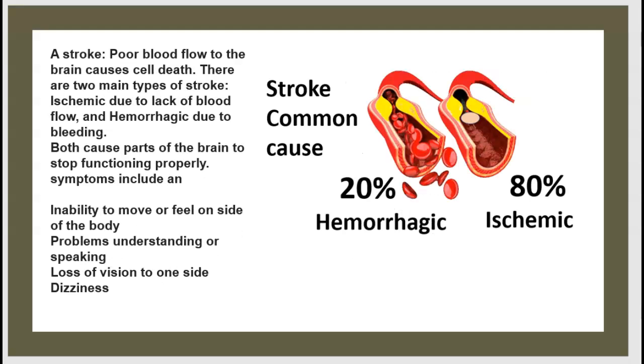What is stroke? Poor blood flow to the brain that causes cell death. There are two main types of stroke: ischemic due to lack of blood flow, and hemorrhagic due to bleeding. Both cause part of the brain to stop functioning properly.